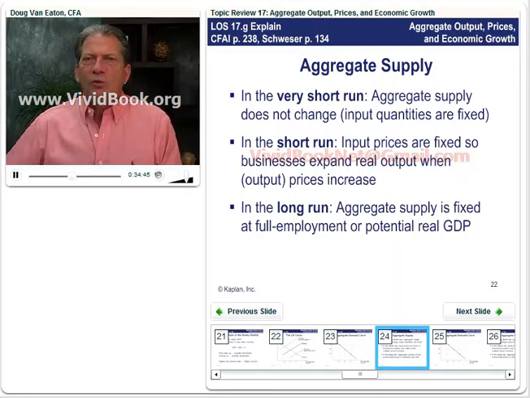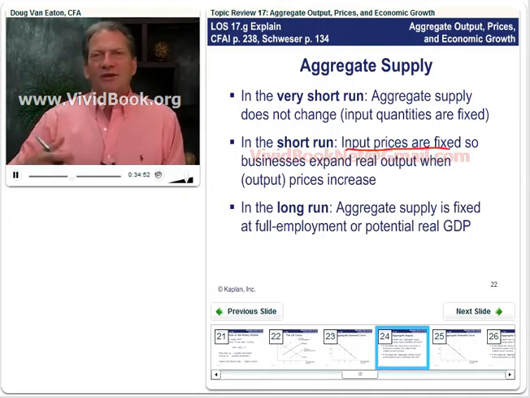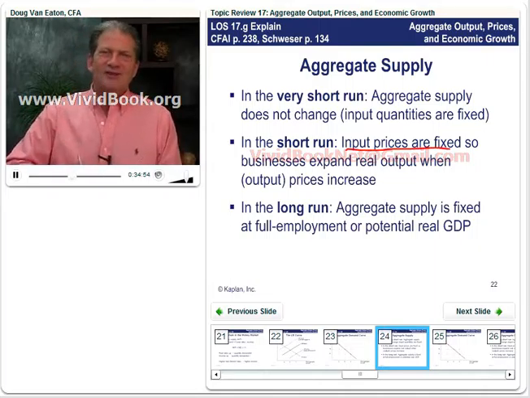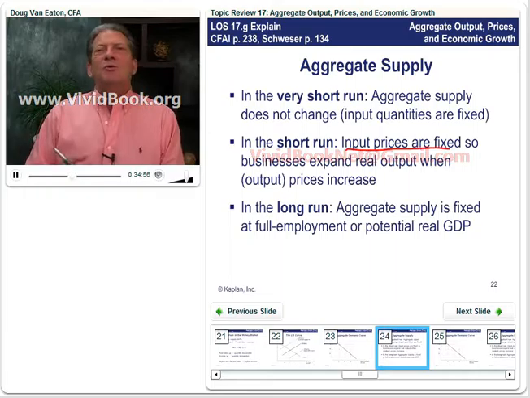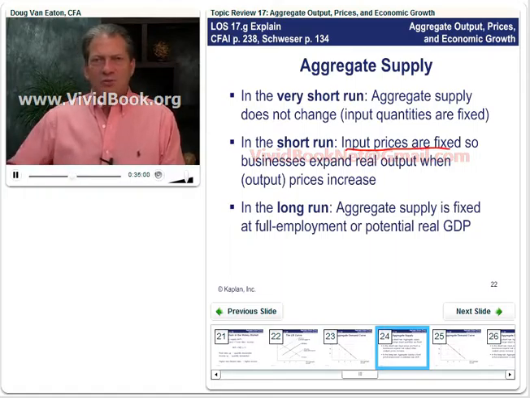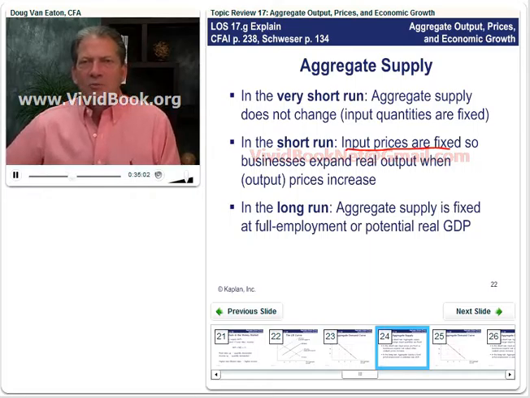So in the short run, we'll hold input prices fixed. And this seems a little odd because we're going to allow the prices of final goods, this price level on the y-axis, to vary. But in the short run, we're going to hold input prices fixed, primarily wages, but it could be other important inputs like energy.